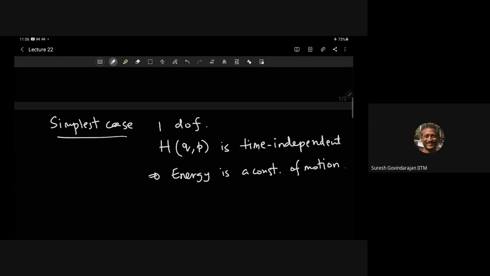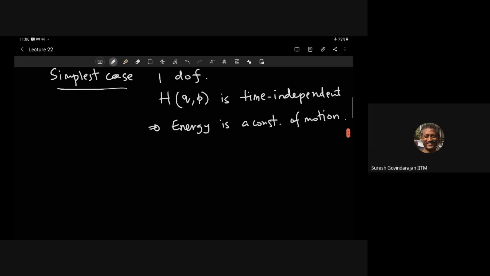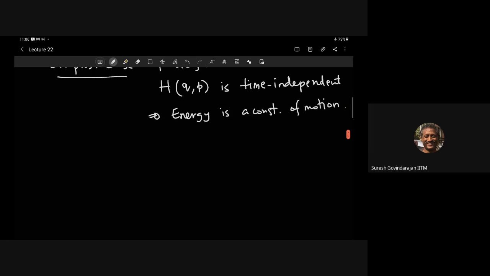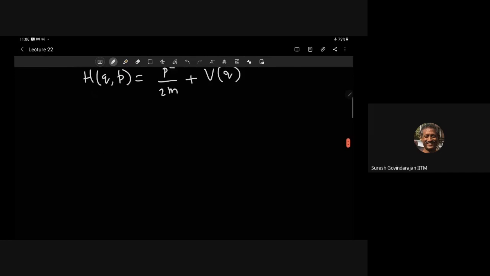And that came out as an integration constant while we did the Hamilton-Jacobi theory. But here we don't want that. So let's also further assume that H(q,p) is p squared upon 2m plus some V(q), some arbitrary potential, and E is a constant of motion.